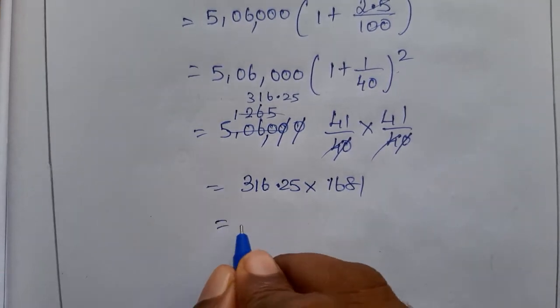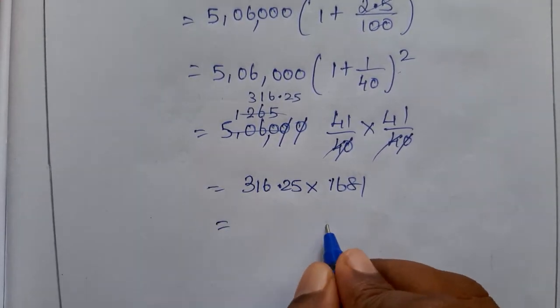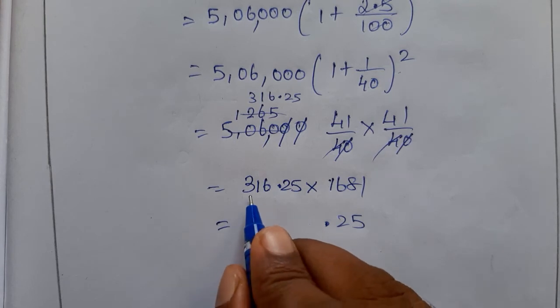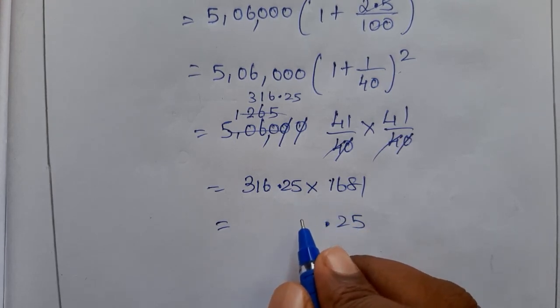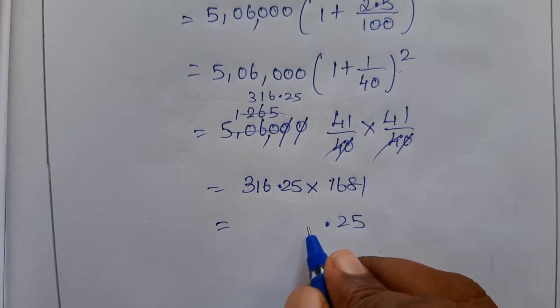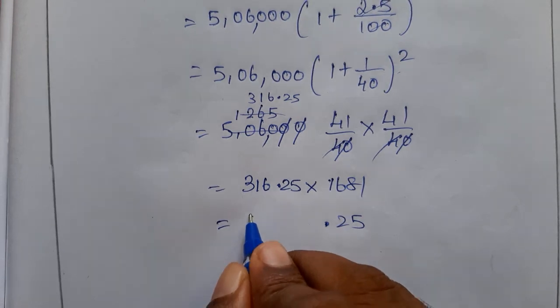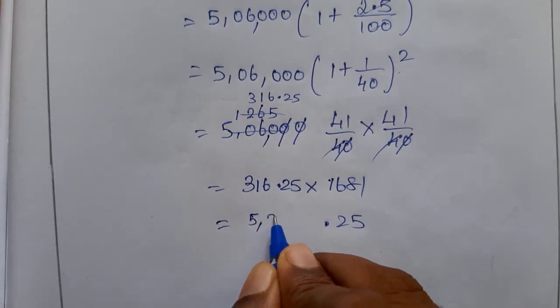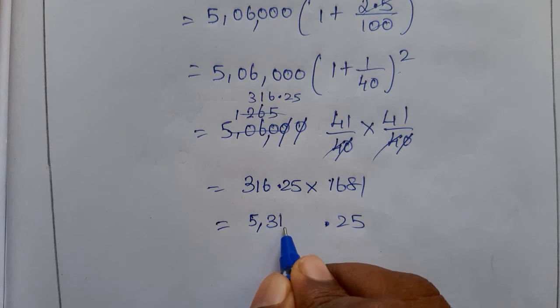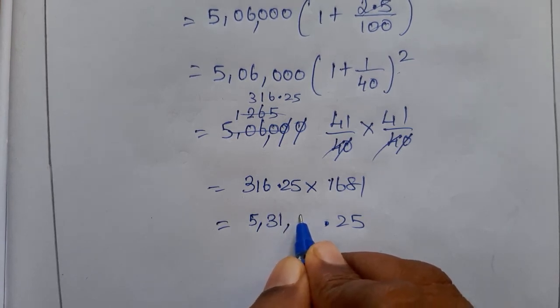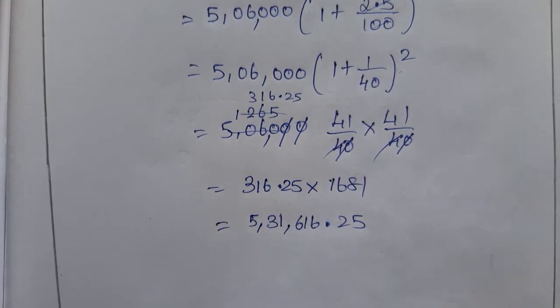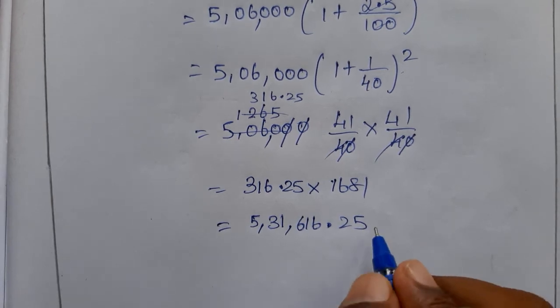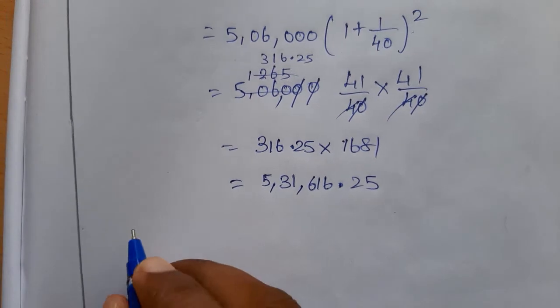So we have to multiply and we will get the value, right? The decimal 0.25 we will get. So 316.25 into 1681 we will get as 5,31,616 point something.